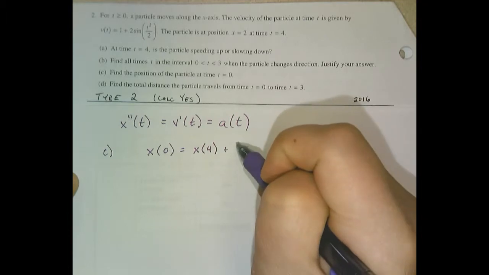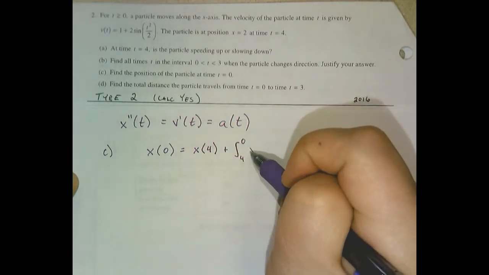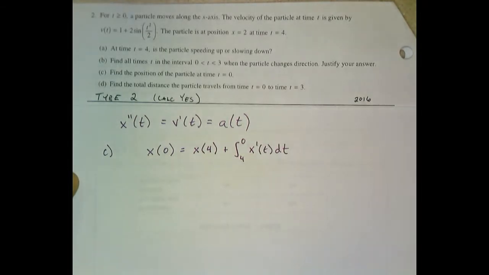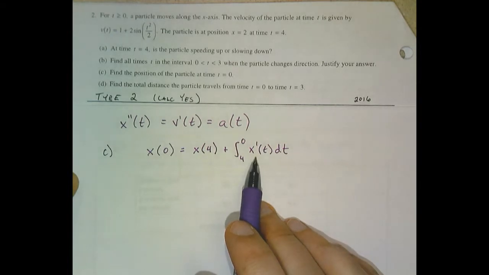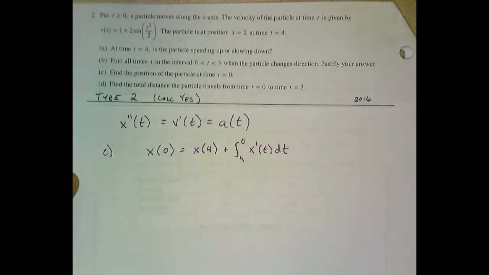And if I integrate from 4 to 0 of the rate of change of position, this would tell me what I am accumulating. Or since we're going backwards through time, you could think about it as what I am losing in position.